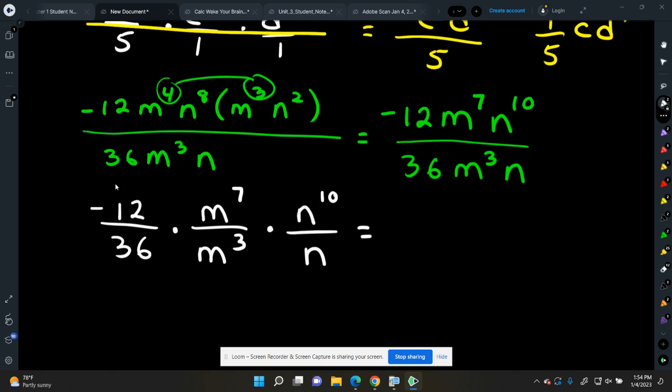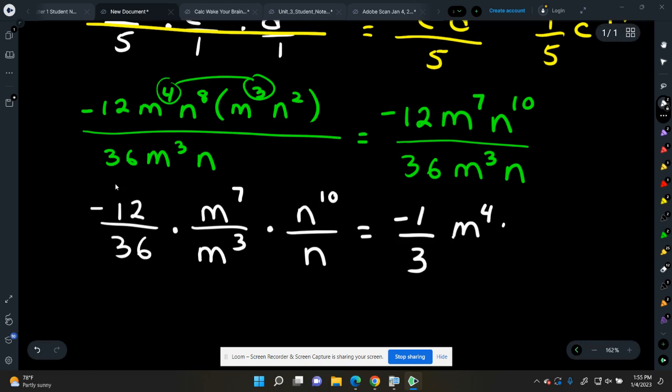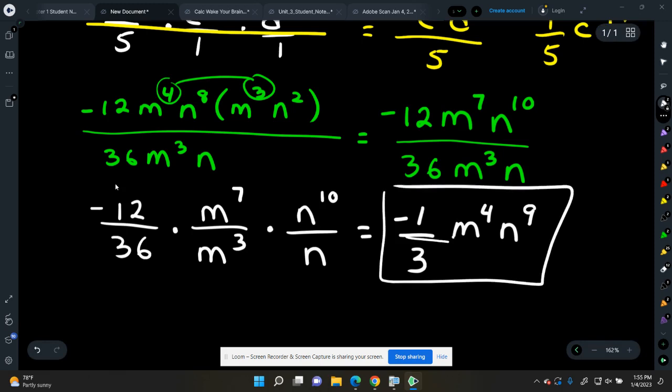Negative 12 over 36 leaves me with negative 1 over 3. Okay, what happens with the m's? M to the 4th, and then n to the 9th. And you can leave your answer like that, or you could put it all over 3 like that. That's fine.